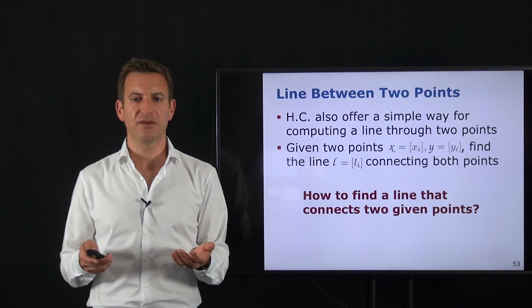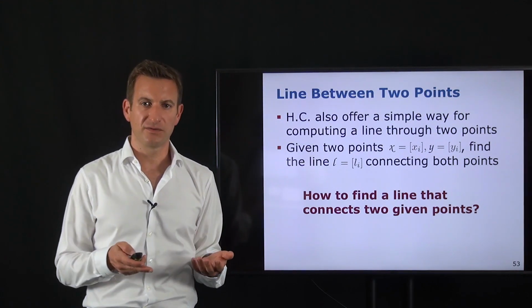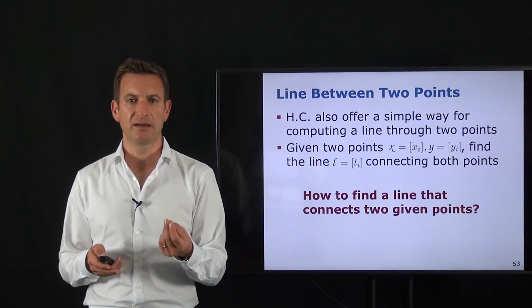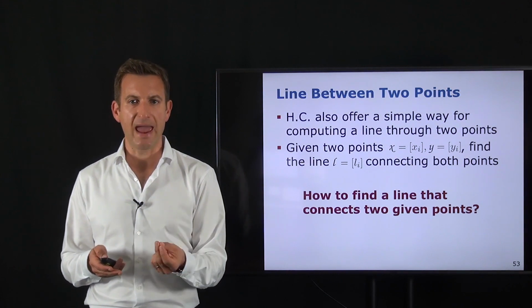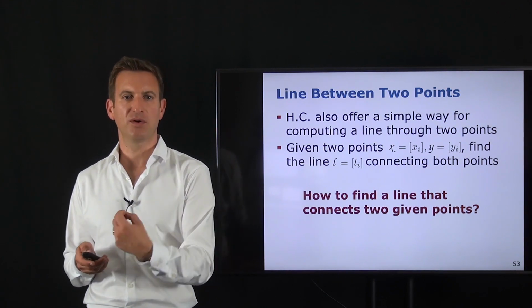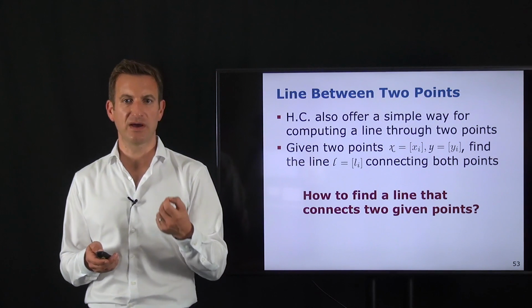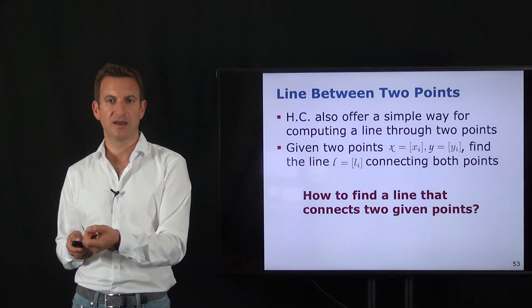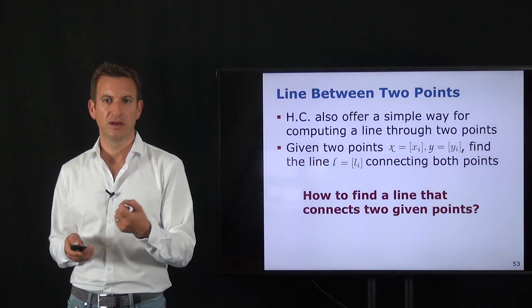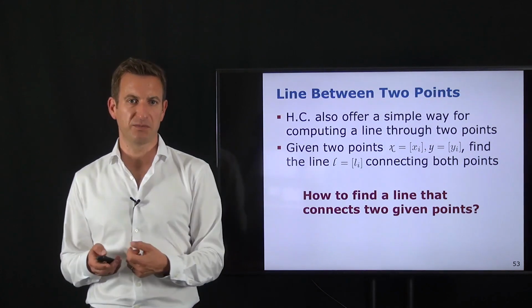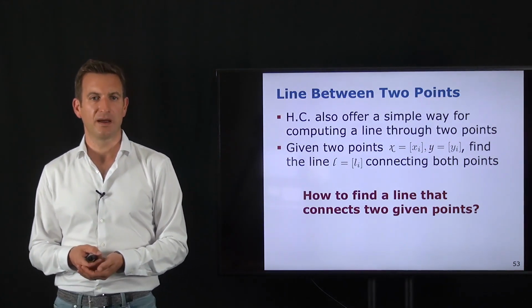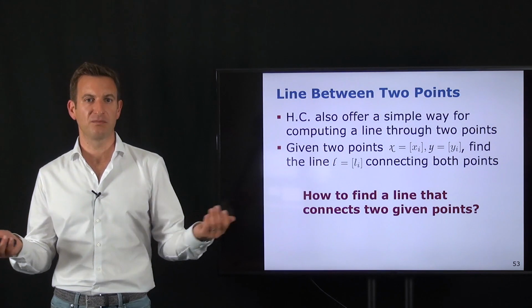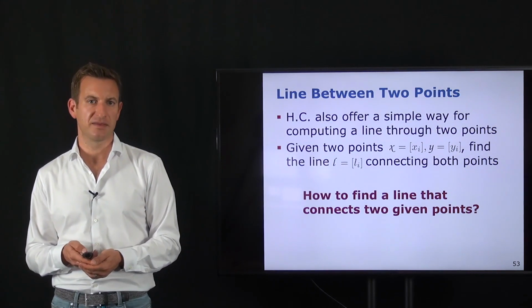We can formulate this again in a very similar way by saying the point x must lie on L and the point y must lie on L. So I can again write L dot x must be 0 and L dot y must be 0. So I exploit that both points must lie on the resulting line that I want to compute.